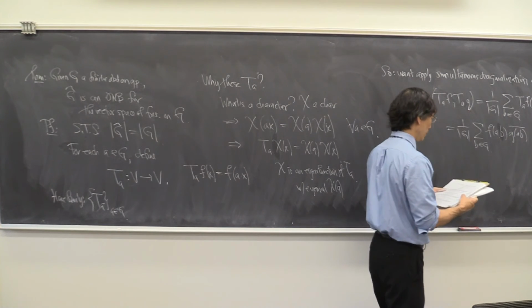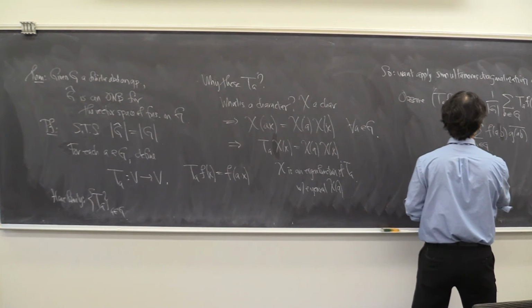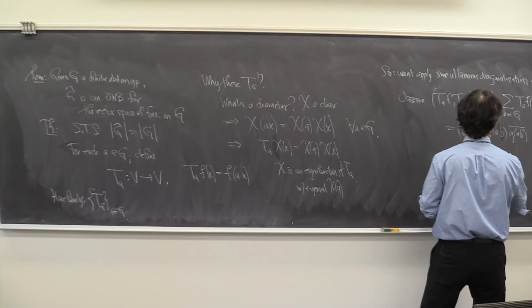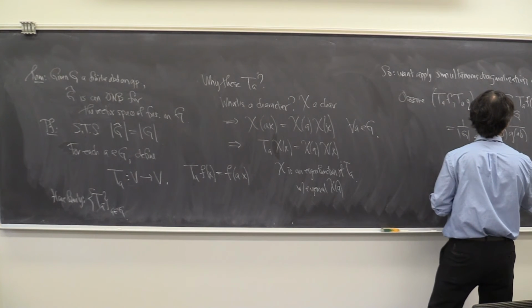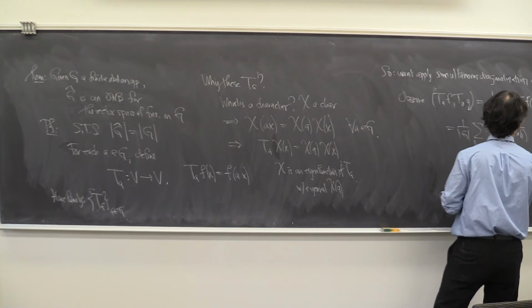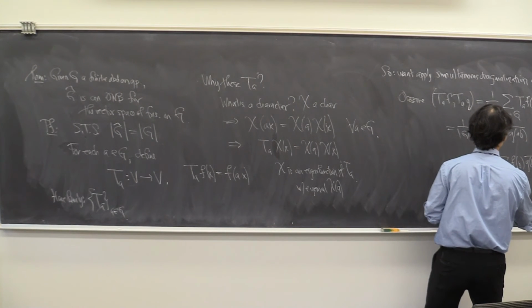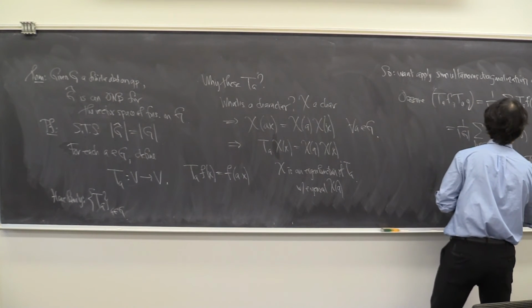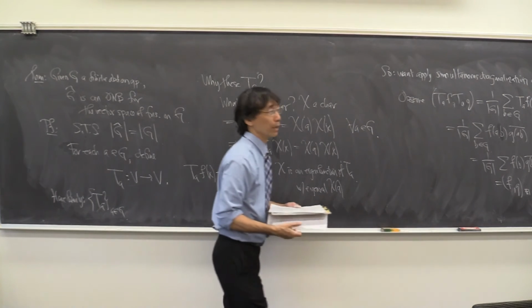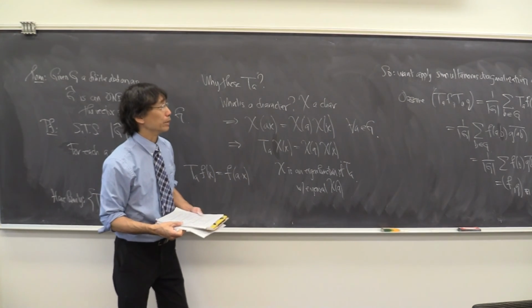And so you get 1 over G times the summation of F B G B bar, which is just F against G. So they are unitary operators.